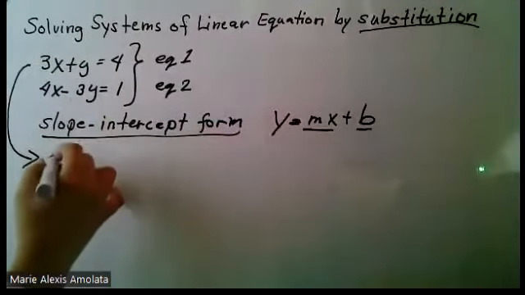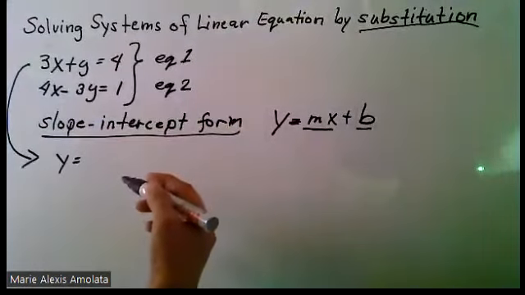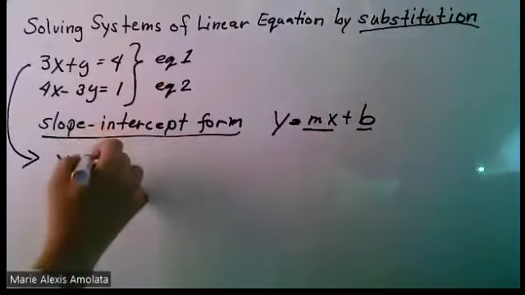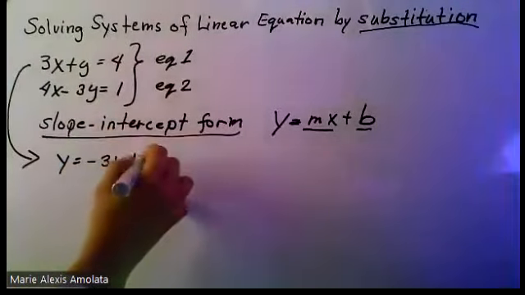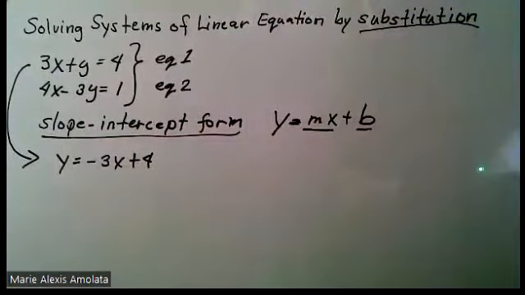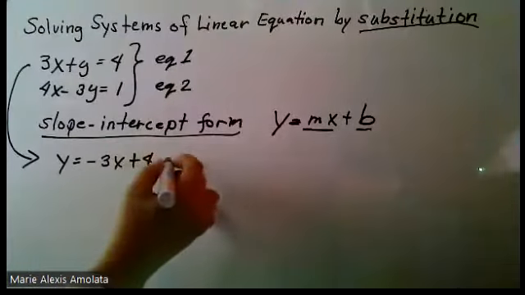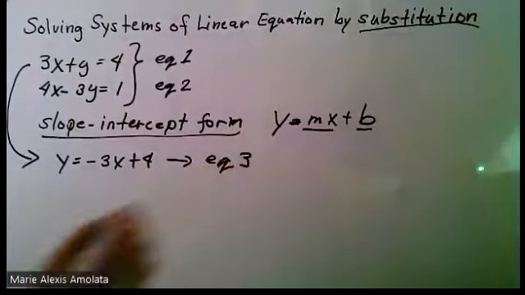So let's get y. Ang purpose nito para makuha natin yung value ng y. Okay, so then y is negative 3x plus 4. So ito na yung value ng y. And then next, ito yung magiging equation 3 natin.